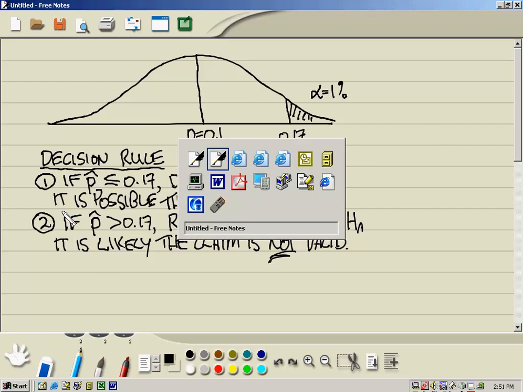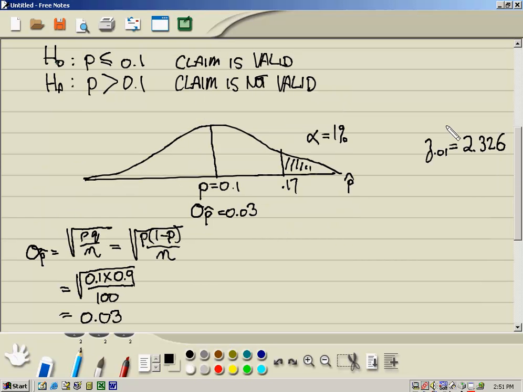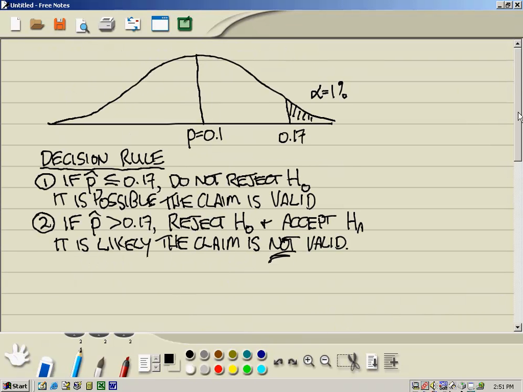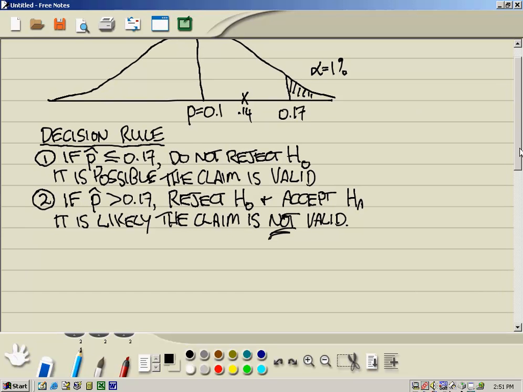Alright, and now we're ready to do our decision. Our sample value of 0.14 is well within the acceptance region, so we'll follow part 1 of the decision rule.